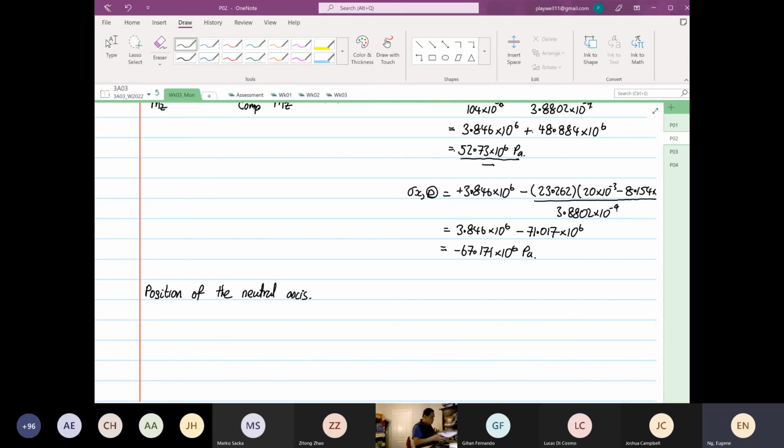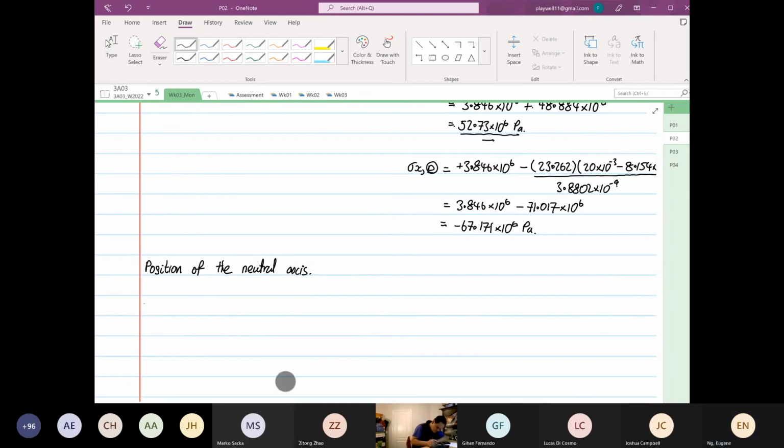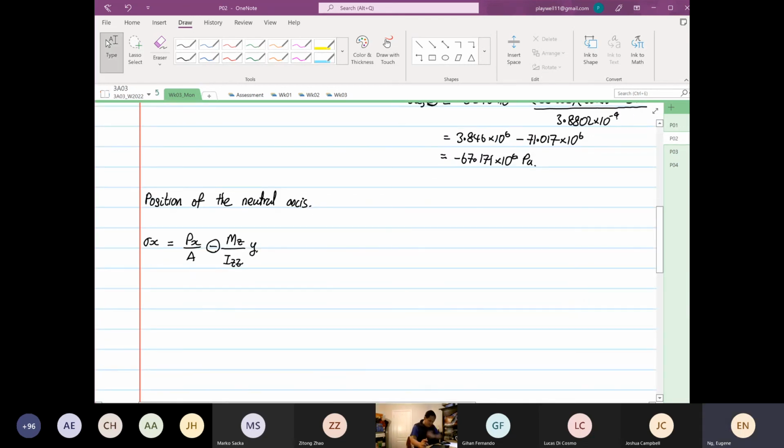If we're going to apply the formula, we have stress X equal to P_x over A minus M_z over I_zz multiplied by Y. You have to remember that this is minus.